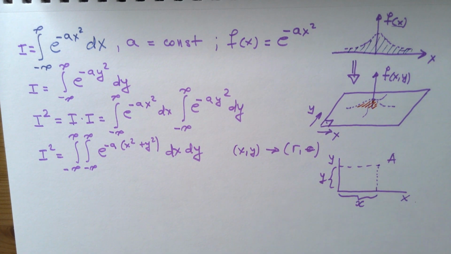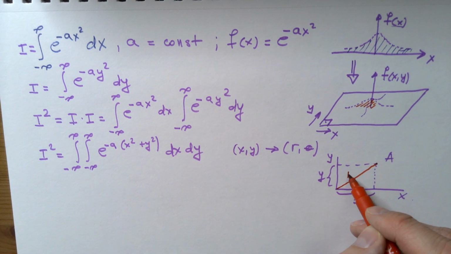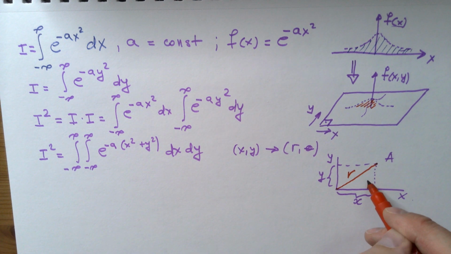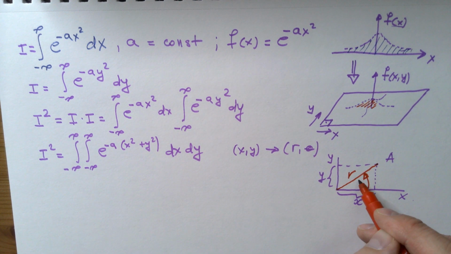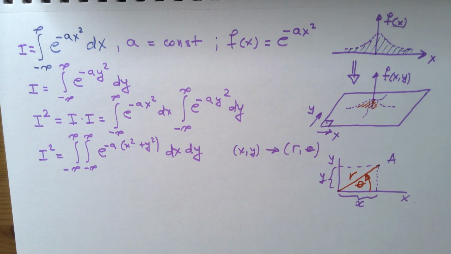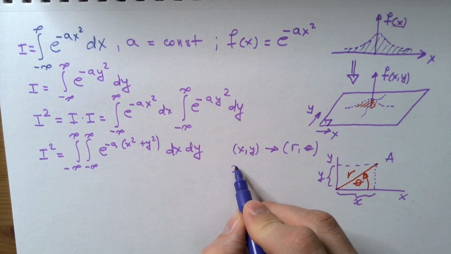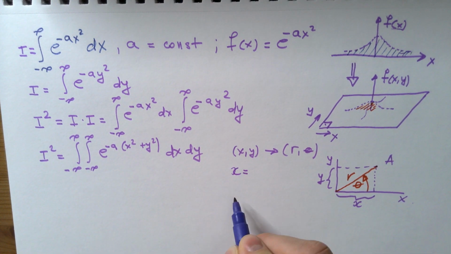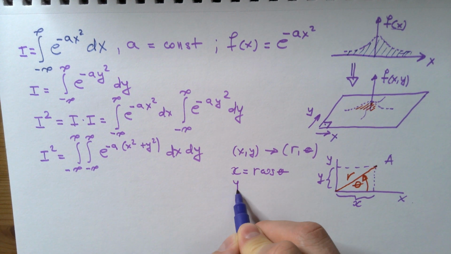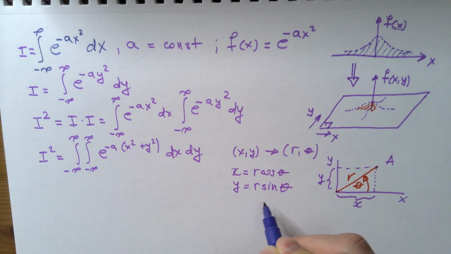But in a polar coordinate system, this point A has coordinates r, which is the radial distance from the origin to this point, and this azimuthal angle, I usually use theta. Now, right away from here, you can see that x is r cosine theta and y is r sine theta.